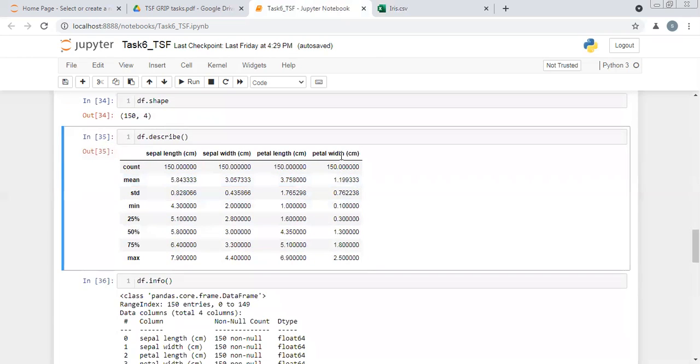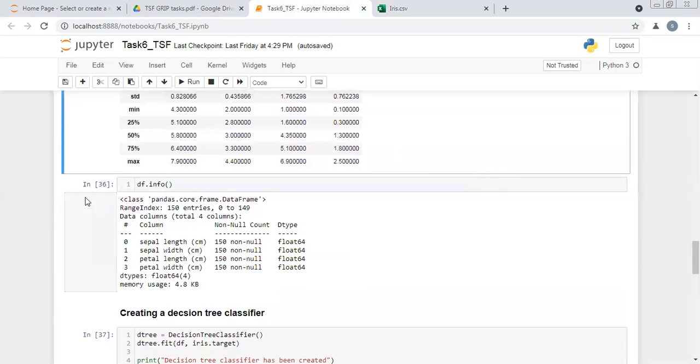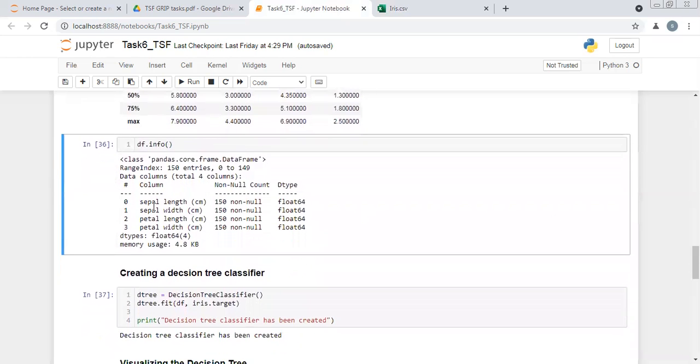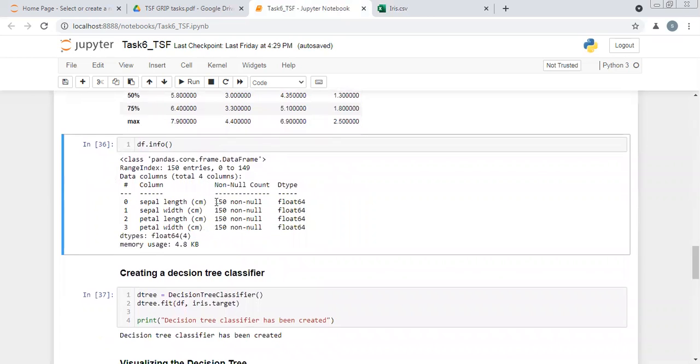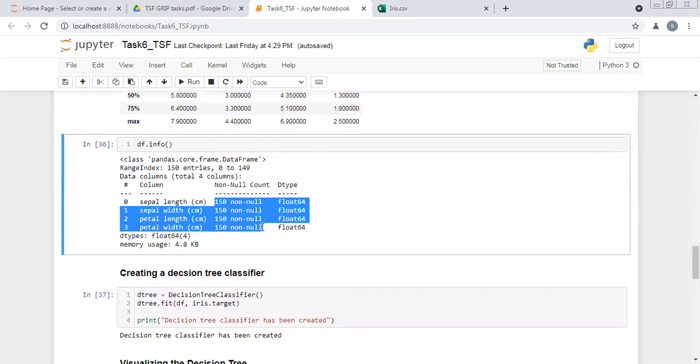It also gives us the count. Then df.info gives me other information, like what columns it contains, whether these columns contain any null values, and what the data types of these columns are.